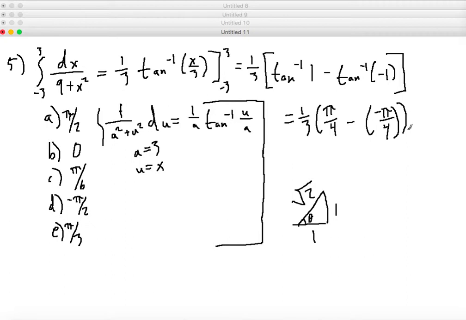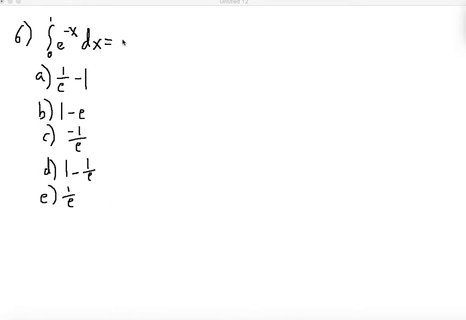So it should be easier for you to discover. Put these together, and we have pi over 4 plus pi over 4, which gives us pi over 2, or 2 pi over 4. And that simplifies down to pi over 6 right here.